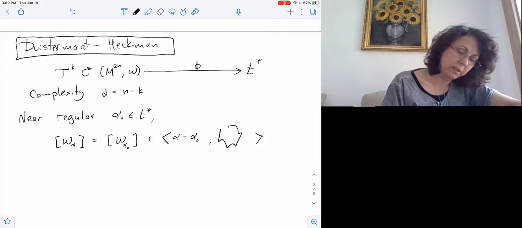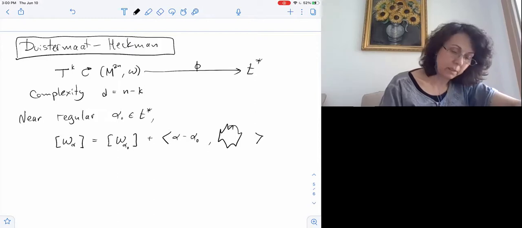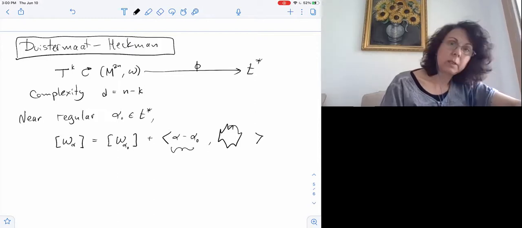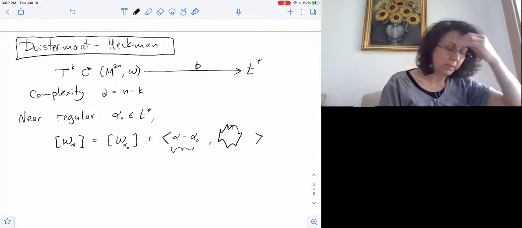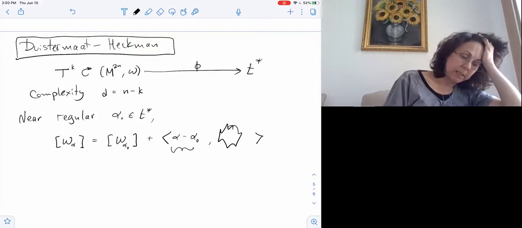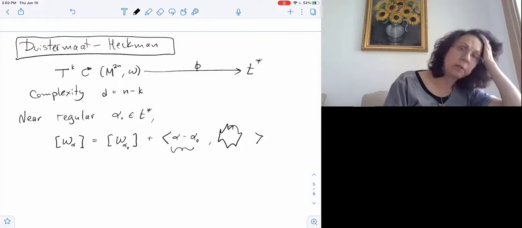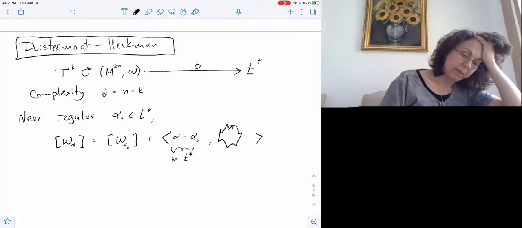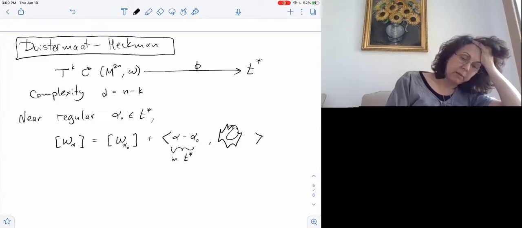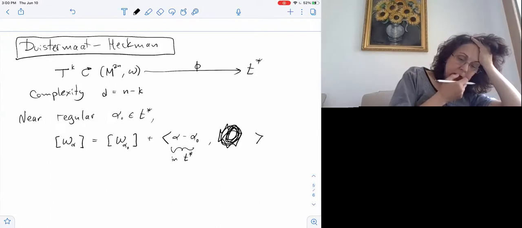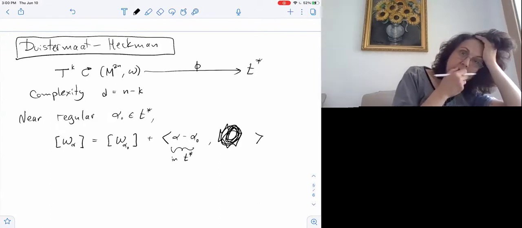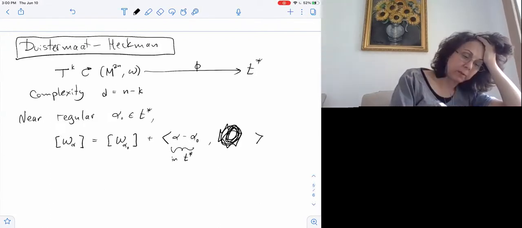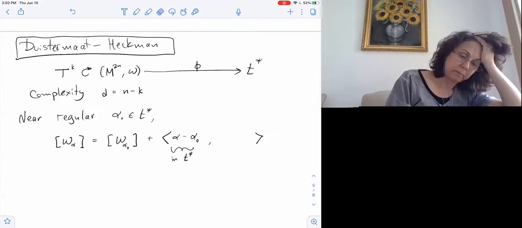So here we have the equality between elements in second cohomology of the reduced space with real coefficients. And alpha minus alpha naught is in T star. So the guy here is going to be a cohomology class with coefficients in the Lie algebra of the torus. So it pairs together.